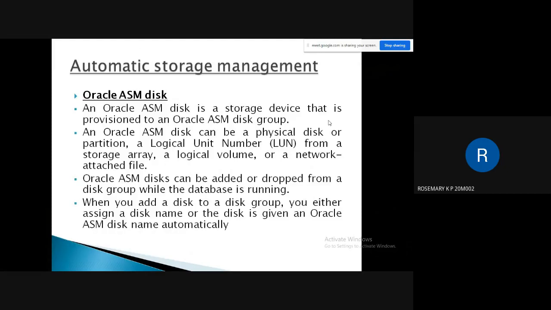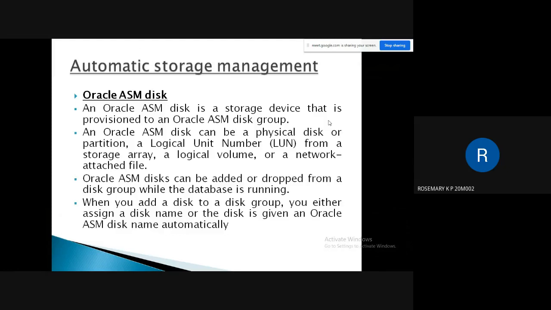An Oracle ASM disk can be a physical disk or a partition, a logical unit number from a storage array, a logical volume, or a network attached file. An Oracle ASM disk can be added or dropped from a disk group while the database is running. When you add a disk to the disk group, you either assign a disk name or the disk is given an Oracle ASM disk name automatically.